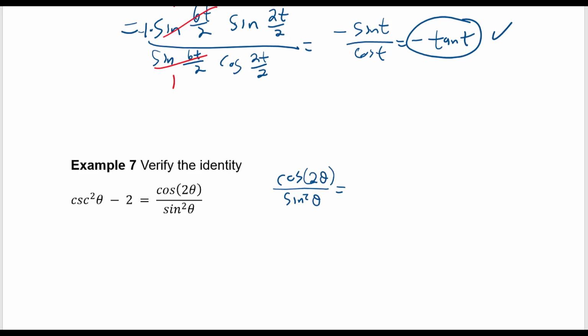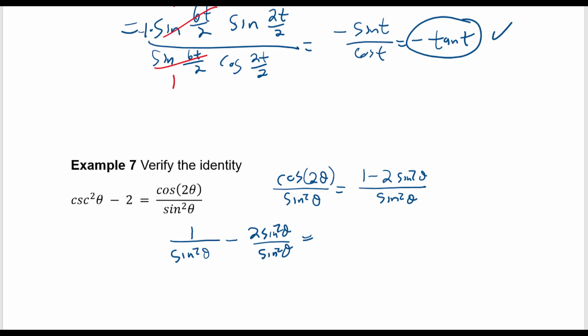And cosine 2 theta, from the identities we saw in the earlier section, we can write as 1 minus 2 sine squared theta, over sine squared theta. Now we can split up this numerator to be 1 over sine squared theta minus 2 sine squared theta over sine squared theta.